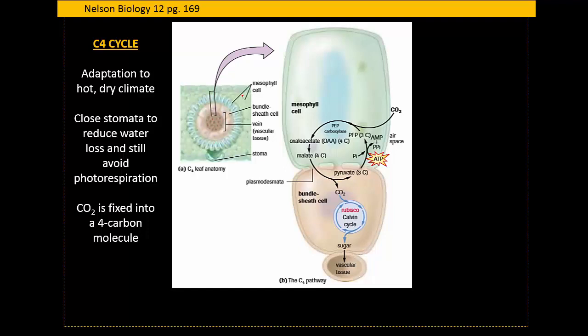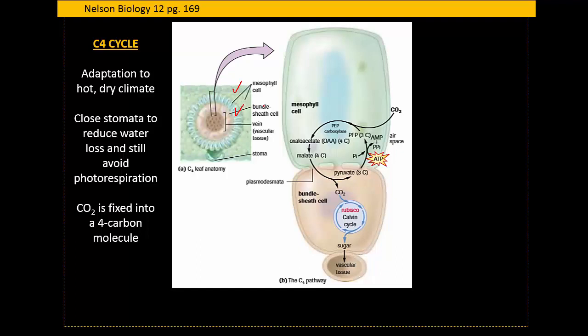And we also have mesophyll cells. Typically the C3 cycle was happening out in the mesophyll cells of typical C3 plants. But in the C4 plant, we have compartmentalization of the metabolic processes, with something going on in the mesophyll and something going on in the bundle sheath.